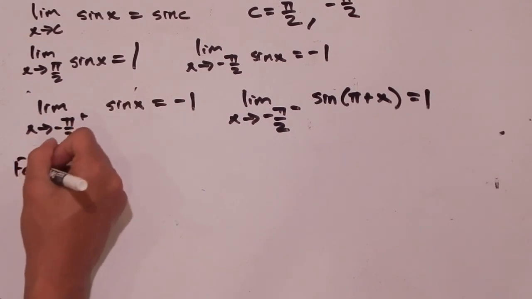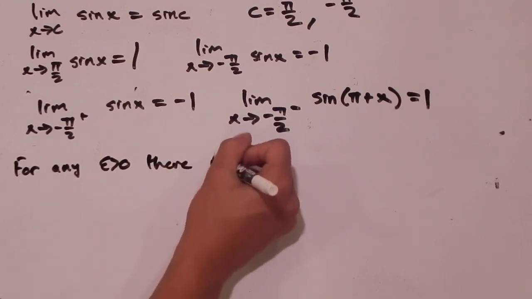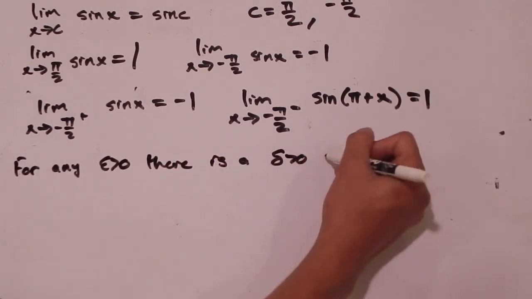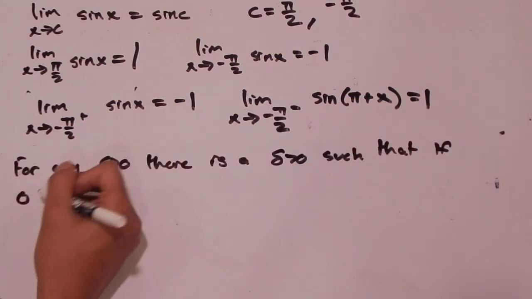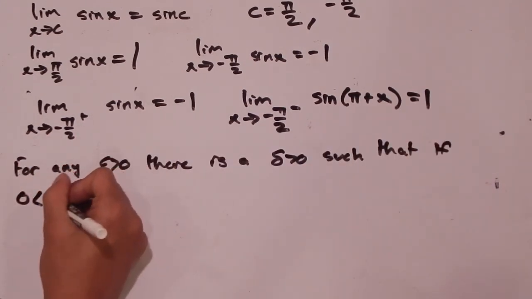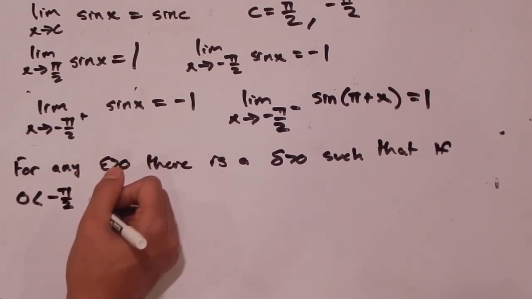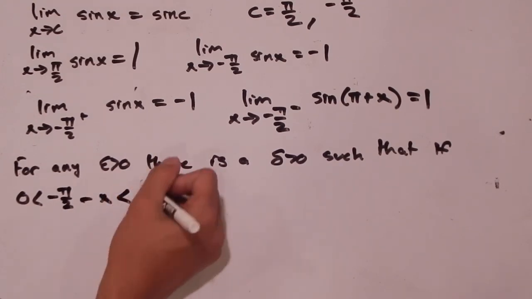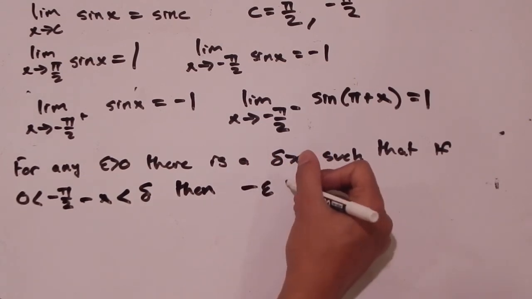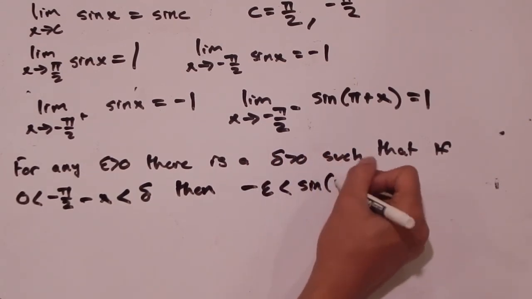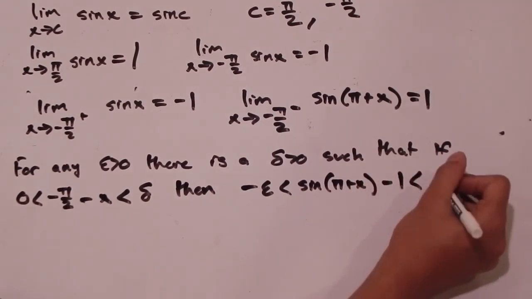We have to show for any epsilon greater than 0, there is a delta greater than 0 such that if 0 is less than, this is going to be c minus x, so minus pi over 2 is c minus x is less than delta, then, and I'm going to write it without the absolute values, negative epsilon has to be less than the sine of pi plus x minus 1 has to be less than epsilon.